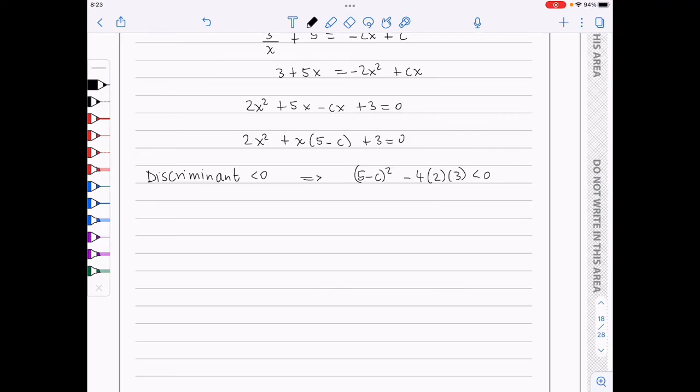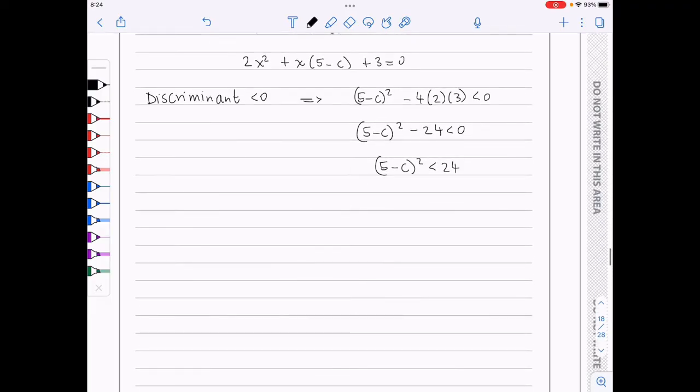Even though you might be tempted to expand this bracket here, I will actually leave it as it is. It will make the solution easier to obtain. 5 minus c squared minus, well, 4 times 2 times 3 is 24, less than 0. So 5 minus c squared less than 24.